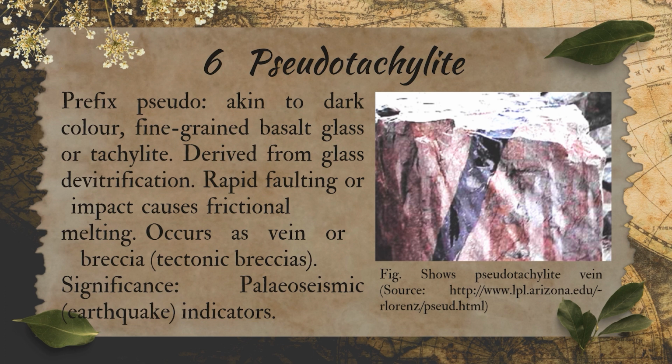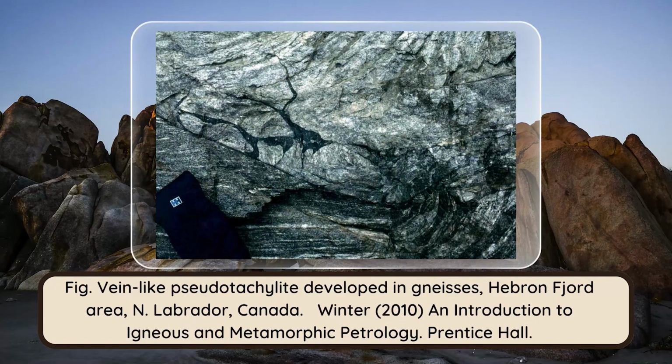This breccia is basically tectonic breccia. The significance is paleoseismic study. They are paleoseismic indicators or earthquake indicators. In this diagram, it shows a pseudotachylite vein. A vein-like pseudotachylite developed in gneisses.